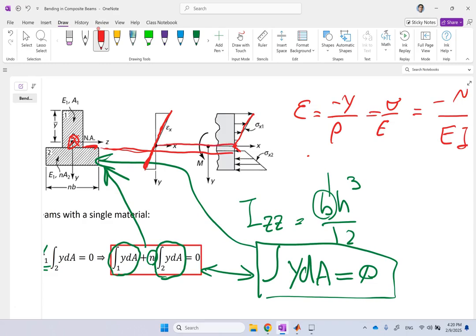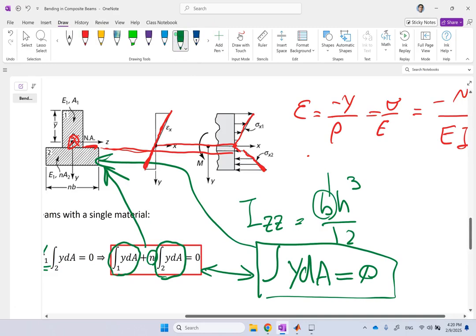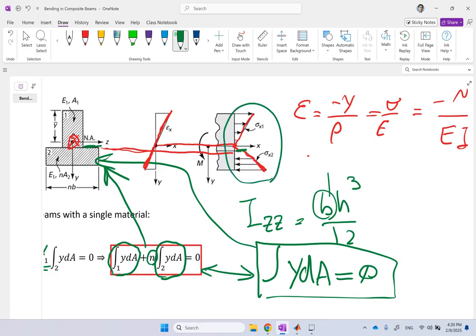It goes with a similar slope. Once you get there, your slope changes to n times whatever it was. And so again, this sudden change in the stress at the boundary location is because of the change in E. So this is going to be your stress diagram, and this is going to be your strain diagram.